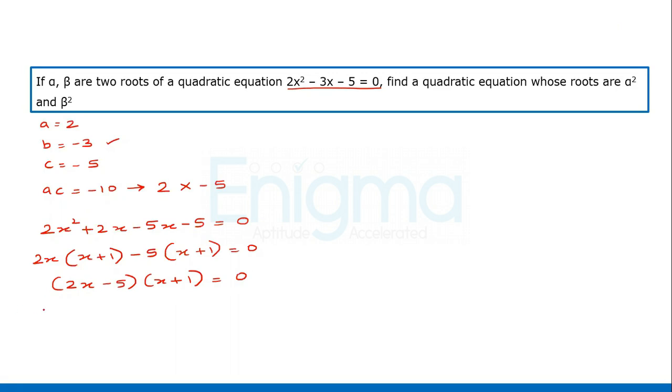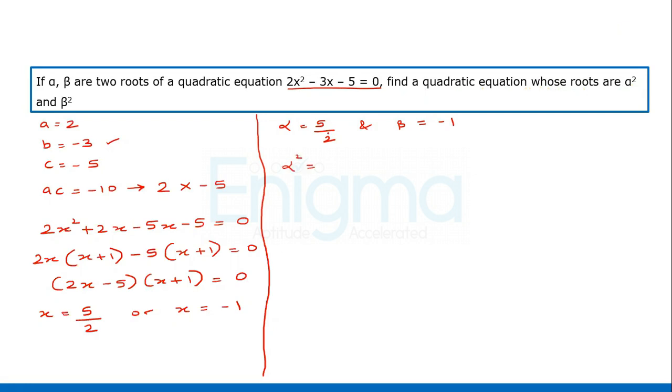So x could be either 5/2 or x could be −1. So we can say that alpha is equal to 5/2 and beta is equal to −1. Now we want the quadratic equation whose roots are alpha square and beta square.